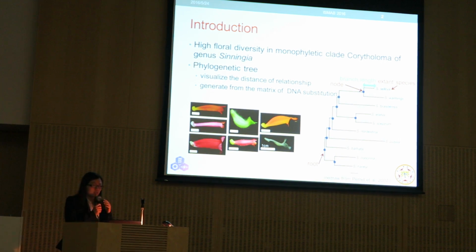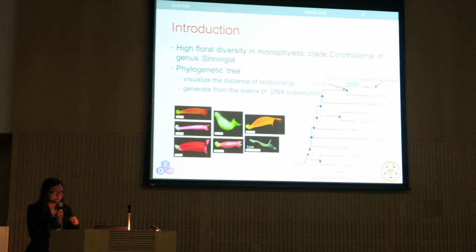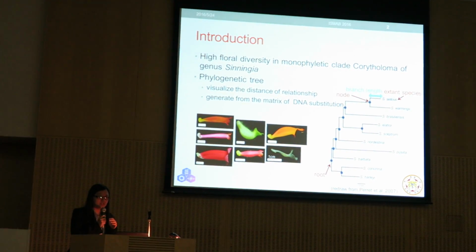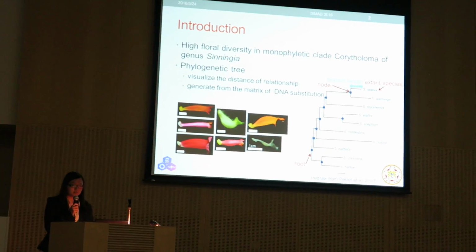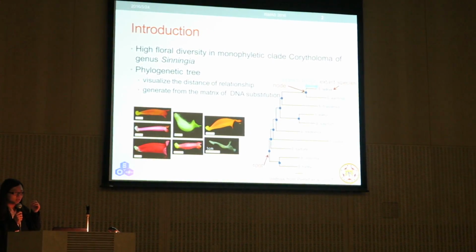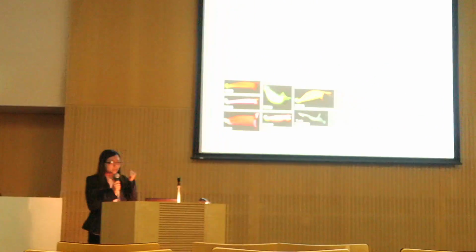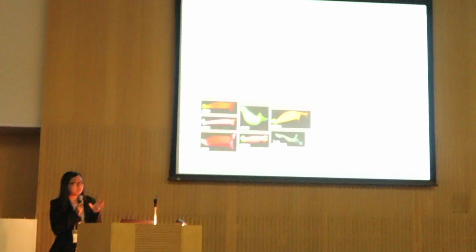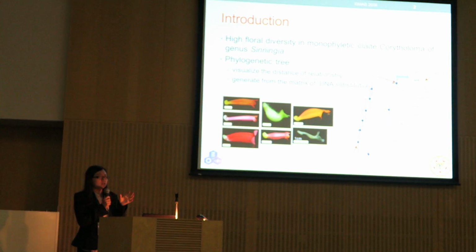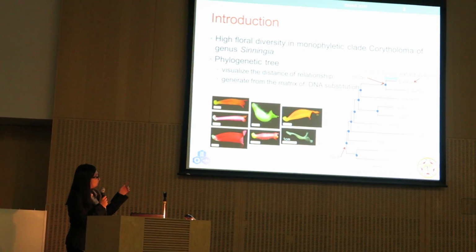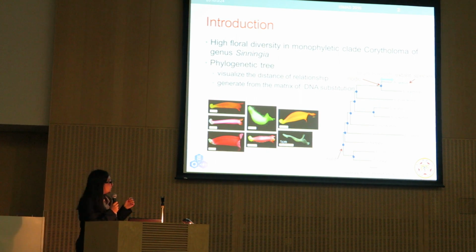So the evolution of interspecific flower shape diversity is an attractive issue. And a phylogenetic tree provides the relationship in genus Sinningia.